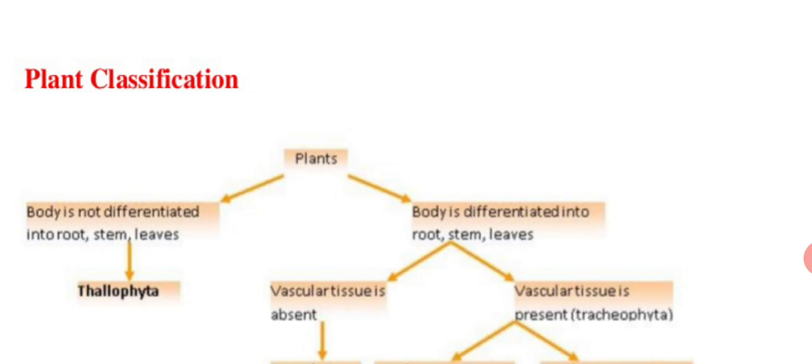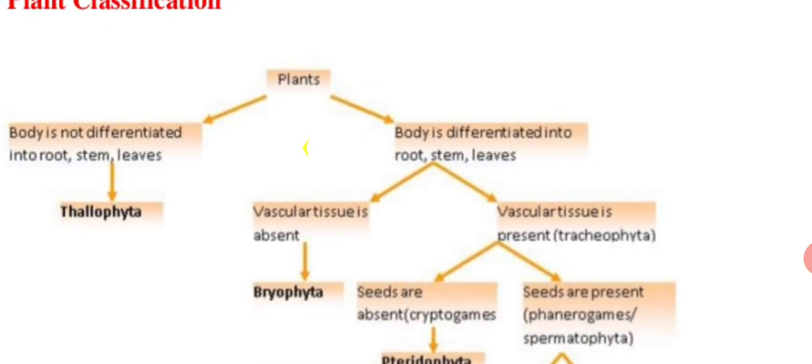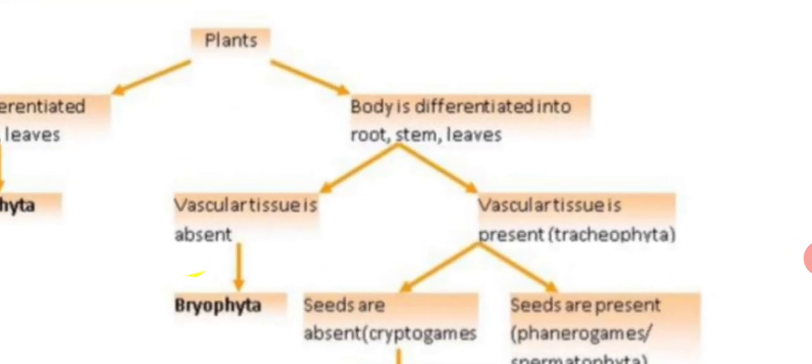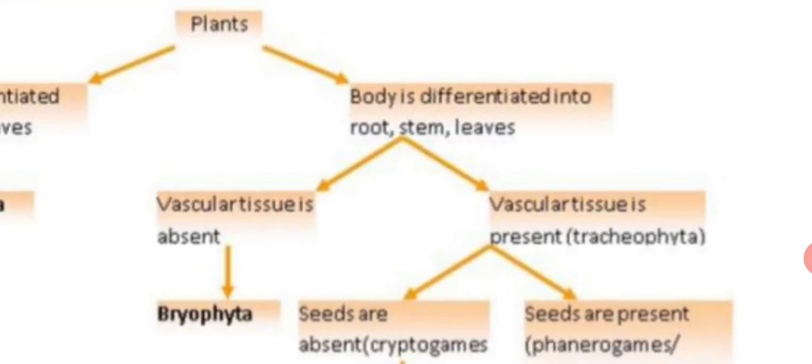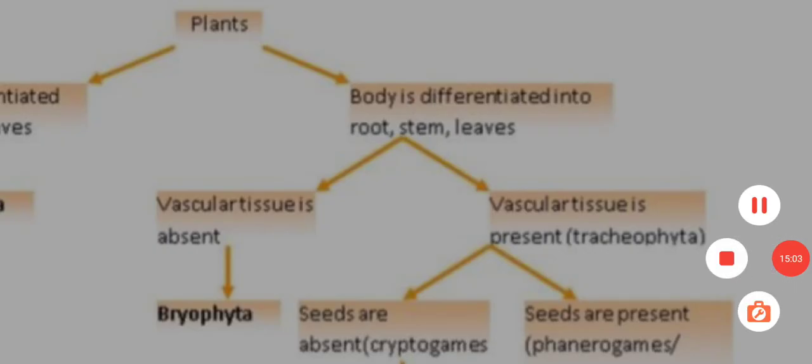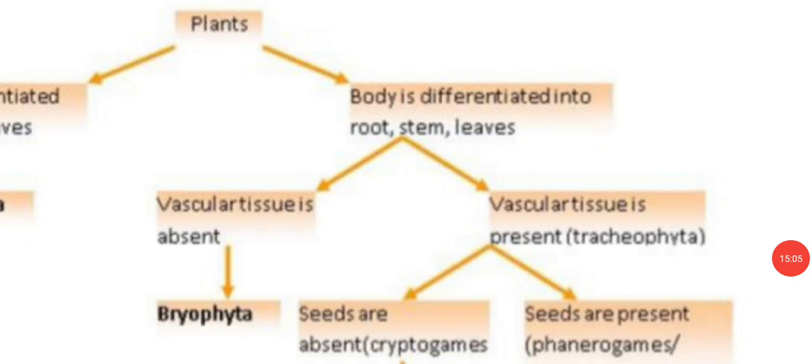Now, this was the condition when root, stem and leaves are absent. Now, what will be the case when the body is differentiated into proper root, stems and leaves? Again, there can be two possibilities. Number one, now we will check for the presence or absence of vascular tissues, that is, xylem and phloem.